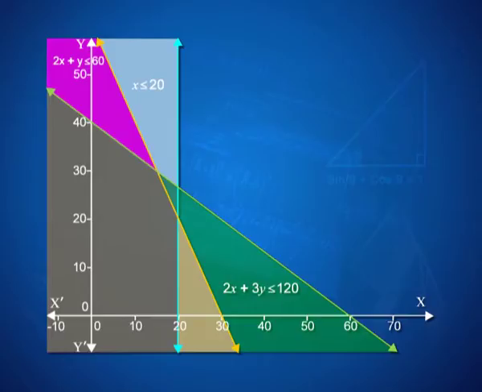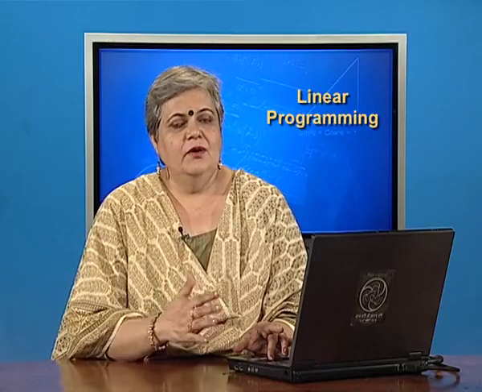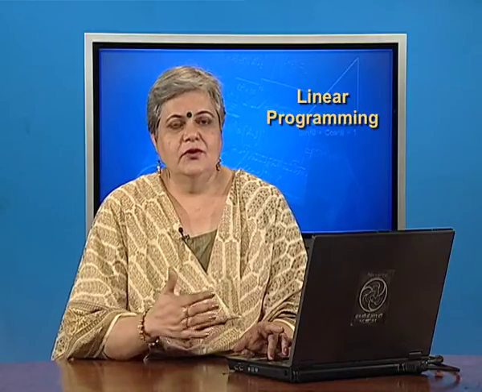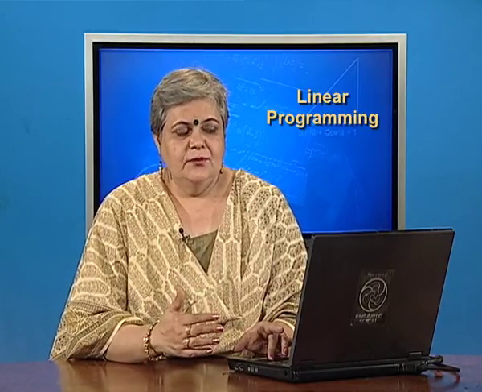If I take x equal to 20 and want to decide which side I am going to shade to represent x less than equal to 20, then origin does satisfy it. Similarly, 2x plus 3y less than equal to 120 is satisfied by 0, 0. So, the solution region for all the 3 inequalities is the half plane which contains origin for the respective lines.